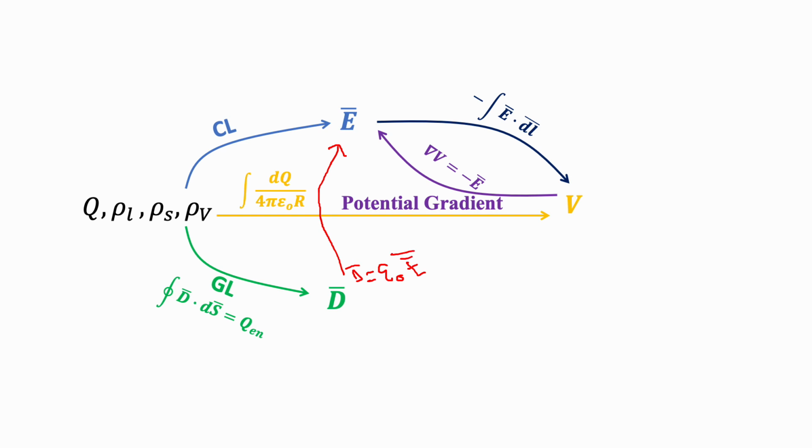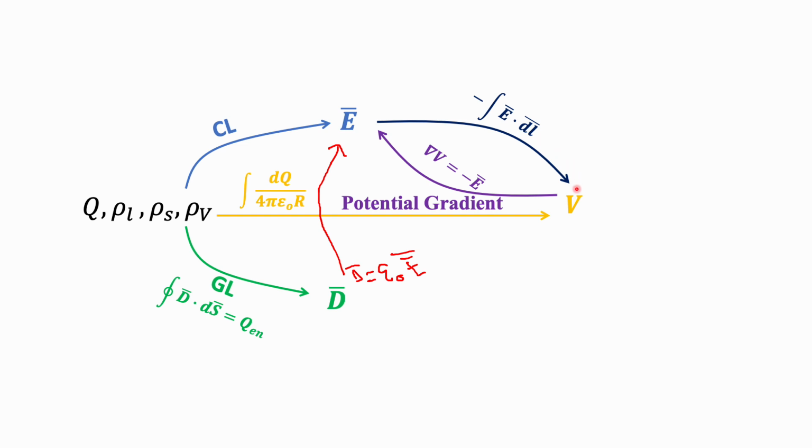And also we have learned, from the electric field intensity, how to calculate the absolute potential, where your initial position is located at infinity. You can use negative integration of E dot dl.